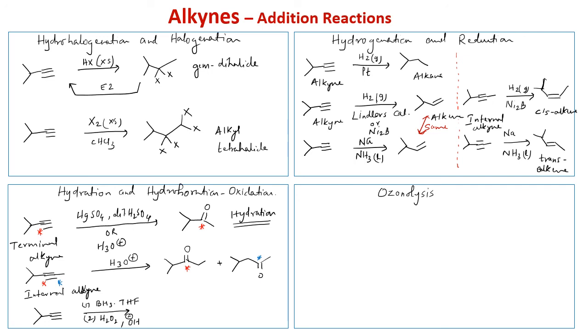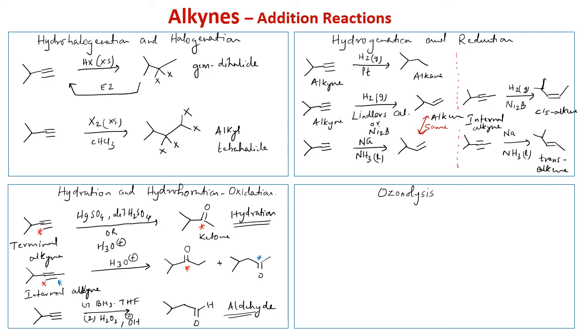The borane that's used for this reaction is usually something like 9-BBN or a disiamyl borane. I'm just putting borane THF as a very simple example here. When you do that, your product in this particular case is going to be a carbonyl, which is an aldehyde. So we were getting ketones as products there, and now you get an aldehyde as a product if you did a hydroboration oxidation.